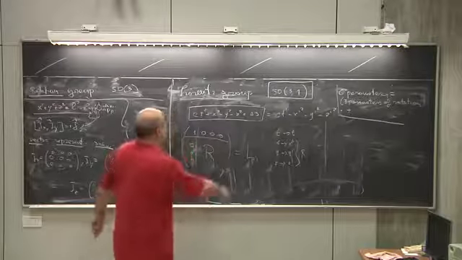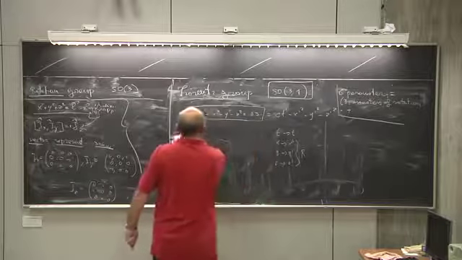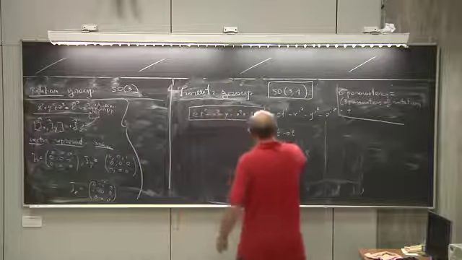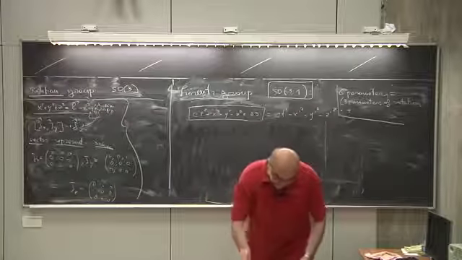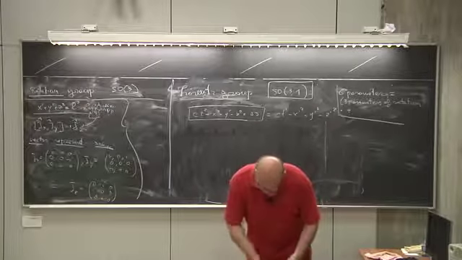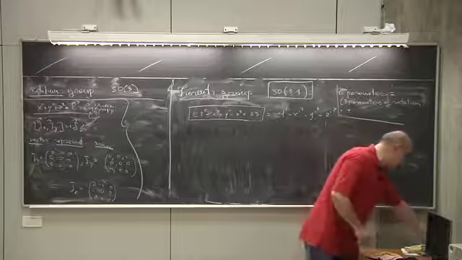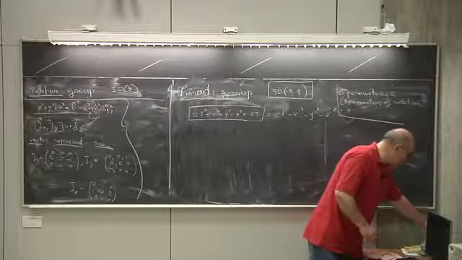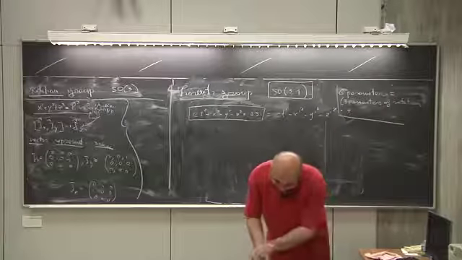They leave invariant this pseudo 4-length. Now we have another transformation we have studied before, that is the boost transformation, the Lorentz transformation. And if you remember, the Lorentz transformation was done in the following manner.